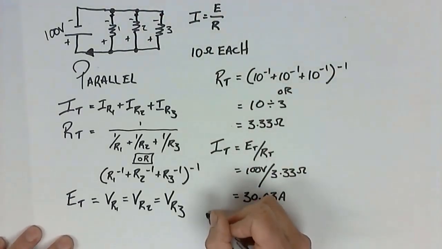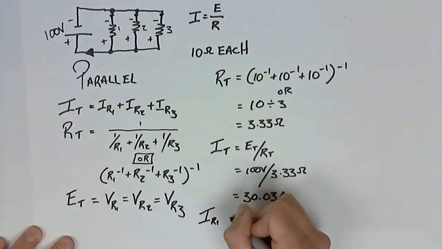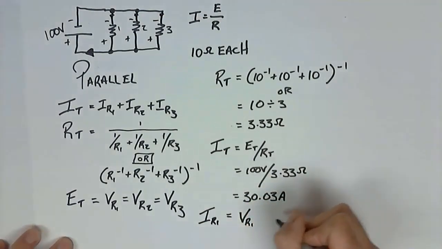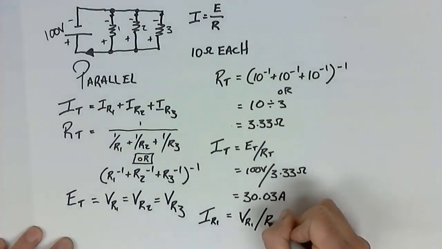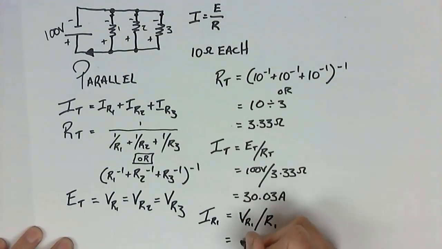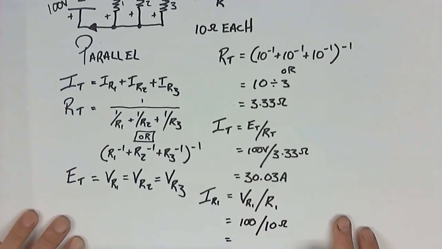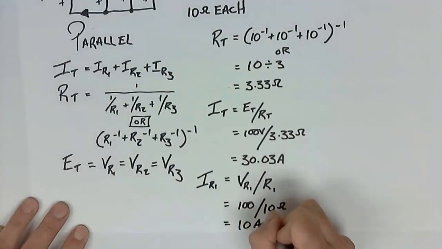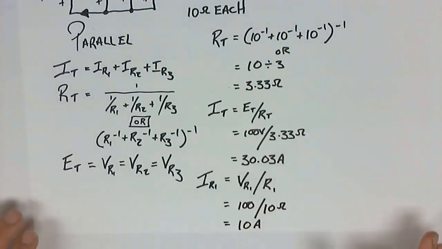So I of just one resistor, IR1, is equal to the voltage across one resistor divided by the resistance of that one resistor. That means we've got 100 divided by 10 ohms, which leaves us with approximately 10 amps. So there's always ways to double check.